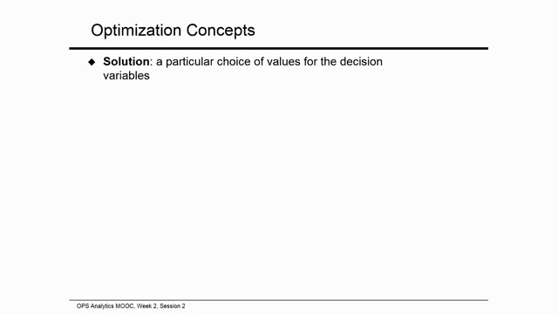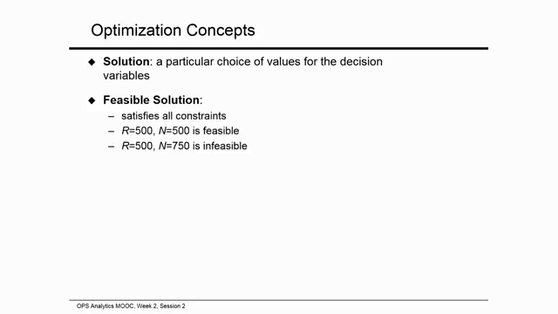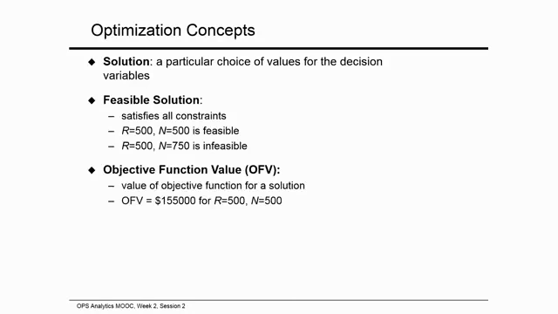Okay, let's recap some optimization terms. A particular combination of decision variable values is called a solution. A feasible solution is the one that satisfies all constraints, and an infeasible solution is the one that violates at least one constraint, no matter which. The objective function value is a number that you will obtain if you plug in decision variable values corresponding to a particular solution into the objective function.